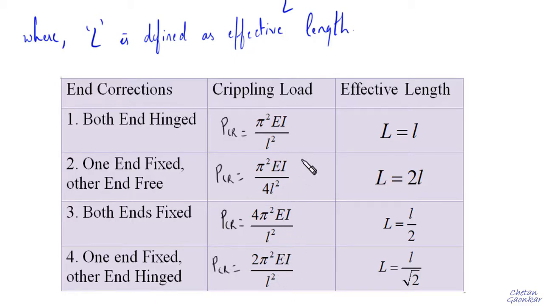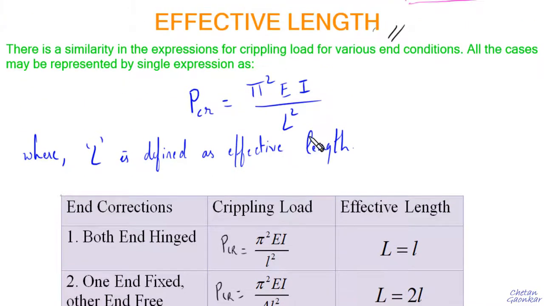All right. Now what we can do is write the effective length formula like this. In general, we can write the critical load or the crippling load formula like this, where this L will be called the effective length.